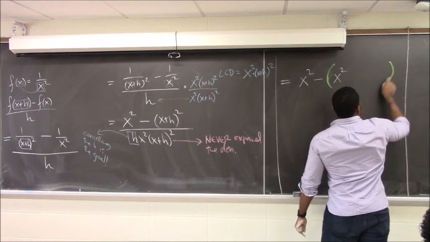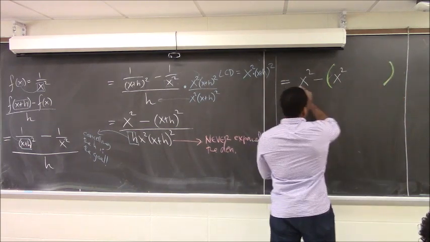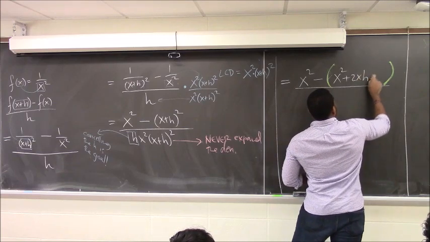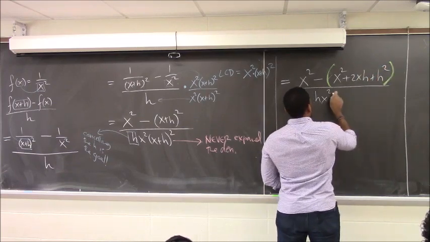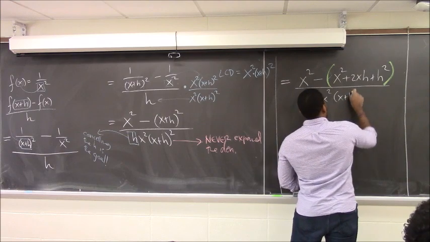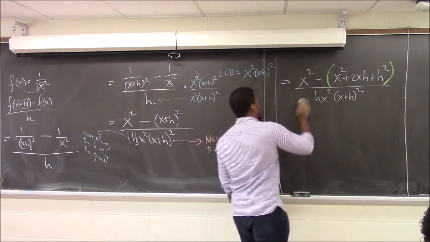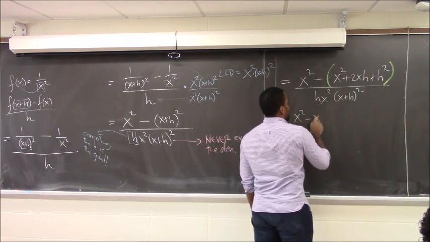Okay, so what does the x plus h squared expand to? Plus 2x, right, we had that formula. So we have that. Now the negative sign is going to be distributed.